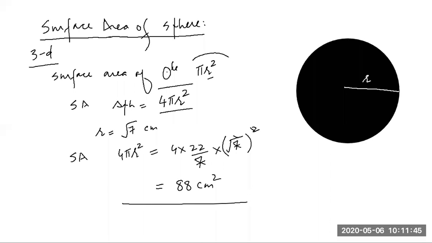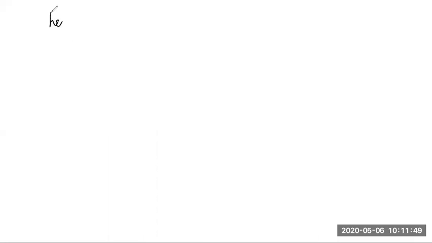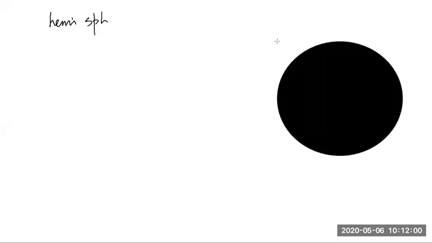Hope you understood, guys. Now, what about a hemisphere? If I have a hemisphere, guys, what is the meaning? Hemisphere simply means I've got a sphere and I basically want to divide this sphere into two parts.